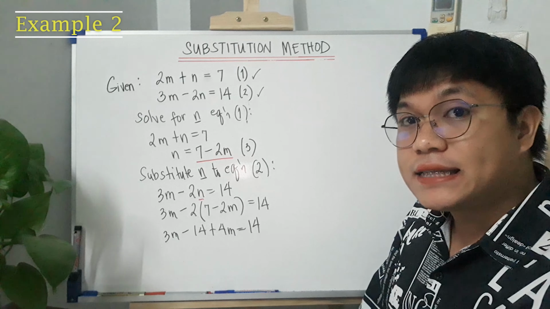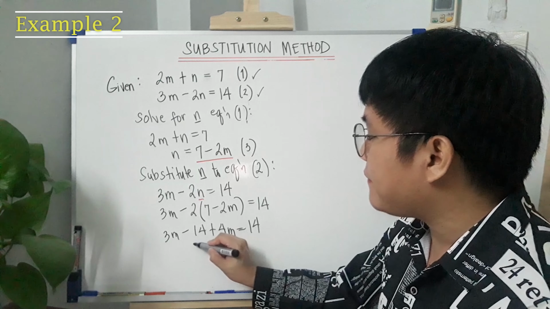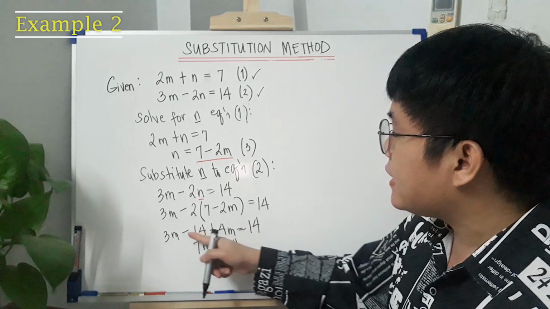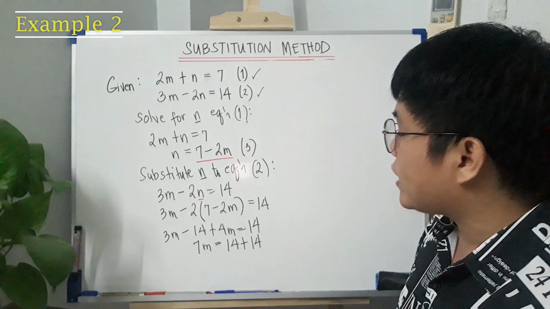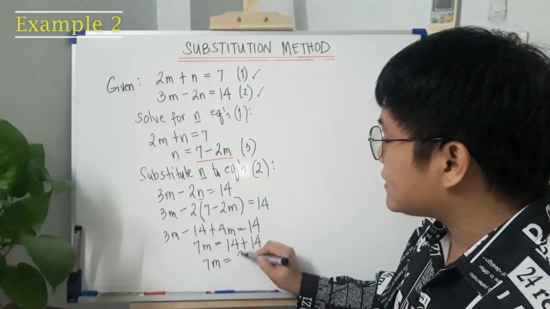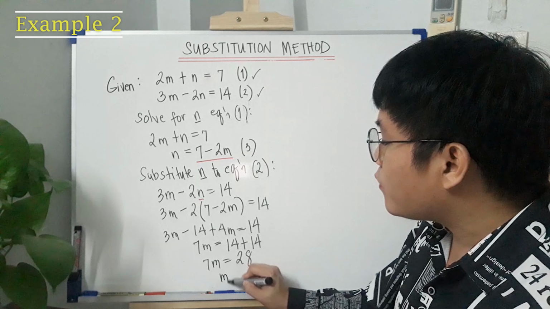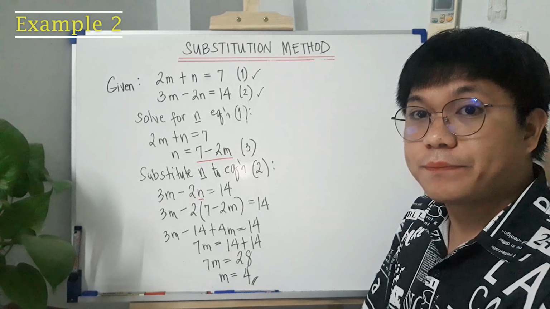And then combine similar terms. That means 3m plus 4m, that is 7m, equals 14, and then transpose to the other side, that will become plus 14. So we have here 7m equals 28. Therefore, our m is equal to positive 4.